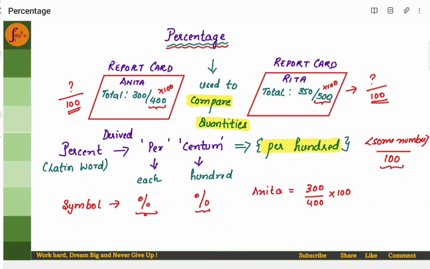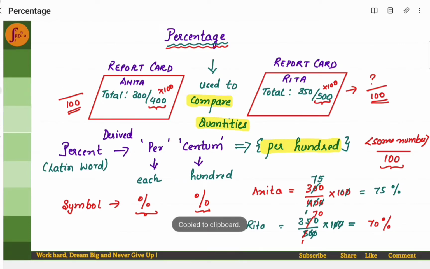You will be left with 300 by 4, which is 75. And you put the percent symbol here: 75%. What about Rita? I will write it as 350 by 500, and you multiply by 100. So 5 sevens are 35, so it's 70, and then you put the percent symbol: 70%.